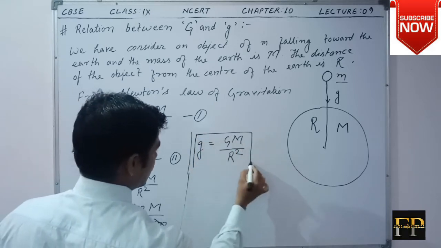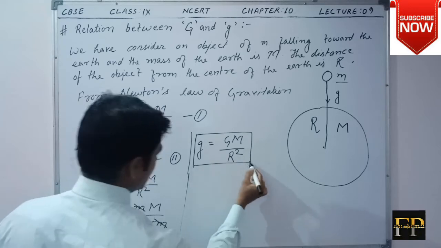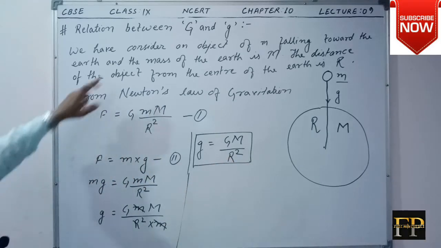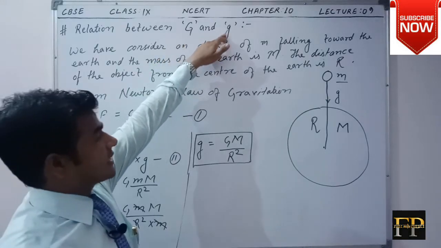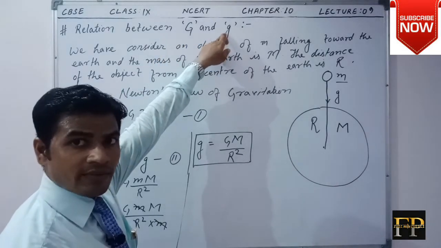So this equation gives the relation between the universal gravitational constant and acceleration due to gravity.